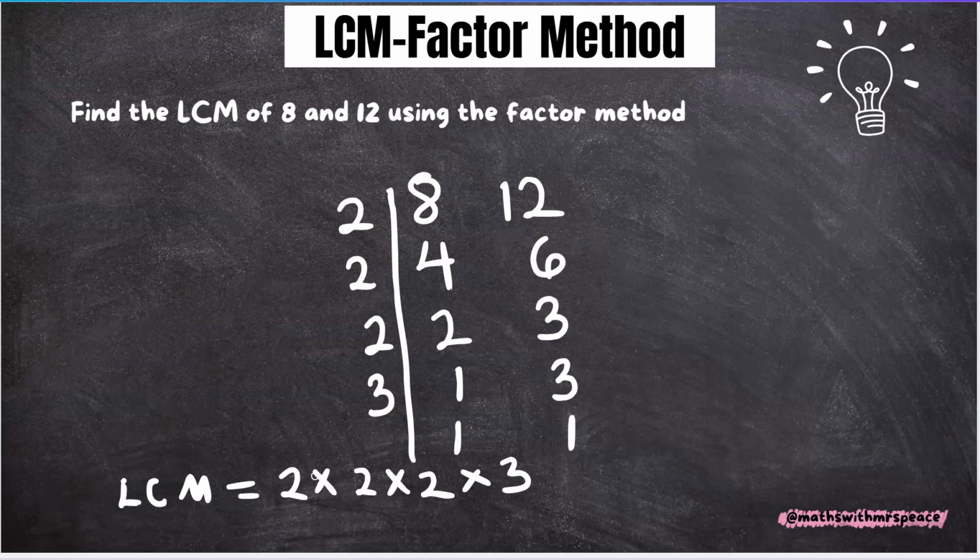So therefore, our LCM is equal to 2 times 2 is 4, 4 times 2 is 8, and 8 times 3 will give us 24. So that's how to use the factor method to find the LCM of given numbers.